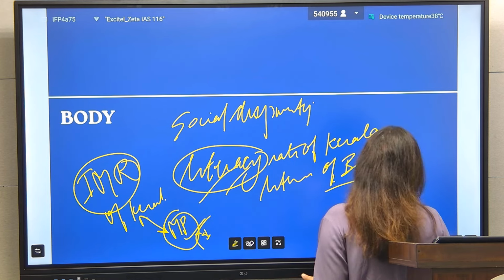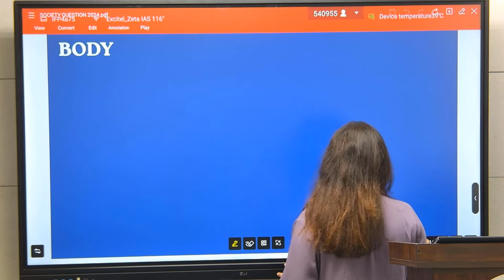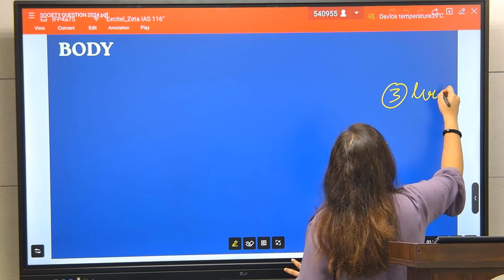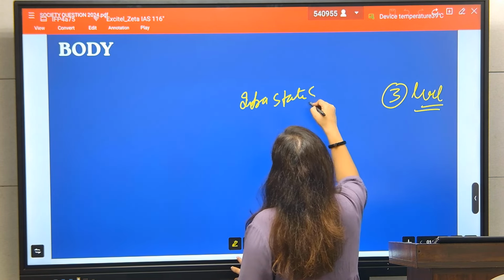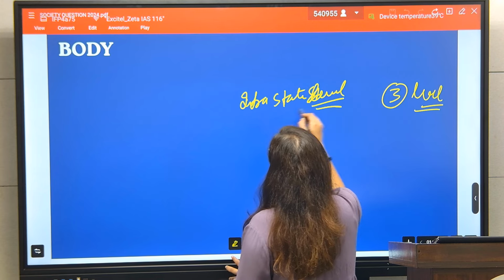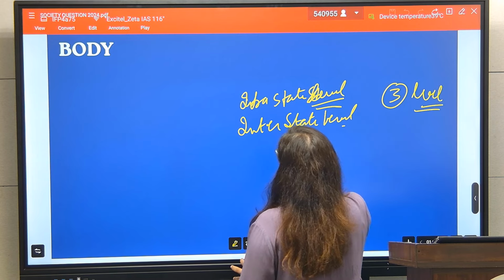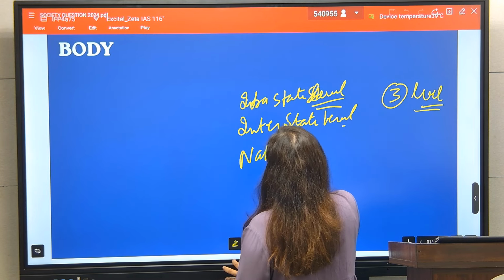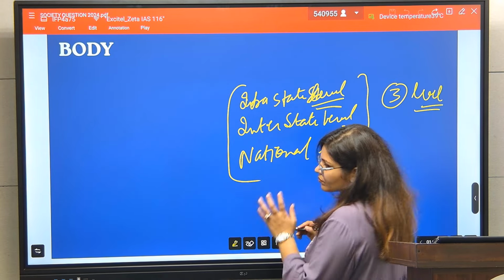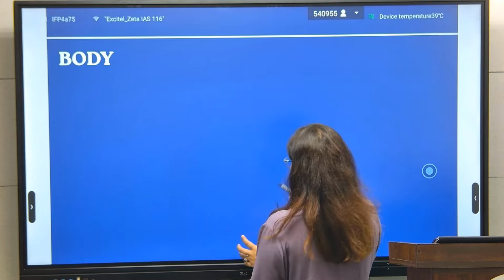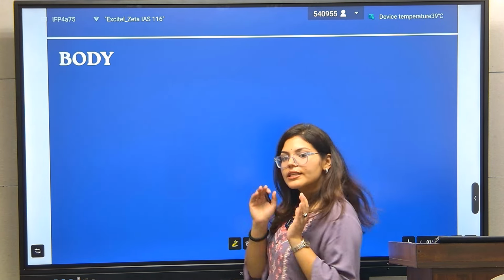If you see it broader, disparity exists at three levels. One is intra-state level, one is interstate level, and one on the broader level, supra state level, because it is a disparity existing within the country.